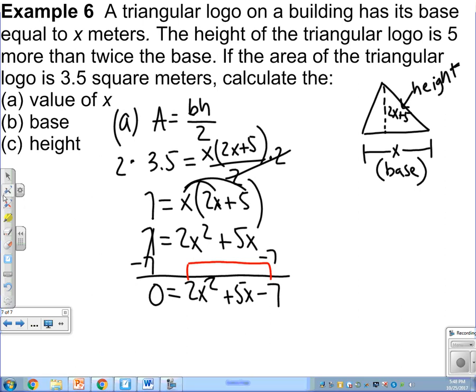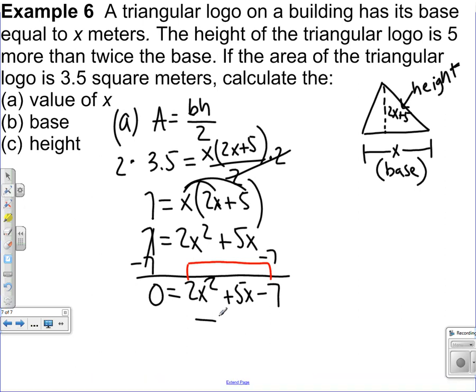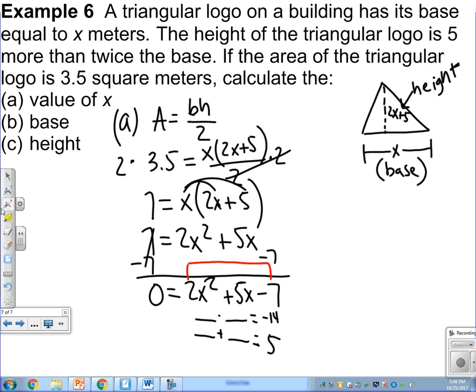What's 2 times negative 7? 2 times negative 7 is negative 14. And then our two numbers that we need to find also need to add to what's in the middle, which is a positive 5. What two numbers multiply to negative 14, but at the same time add to a positive 5? I'm thinking it would be 7 and negative 2.